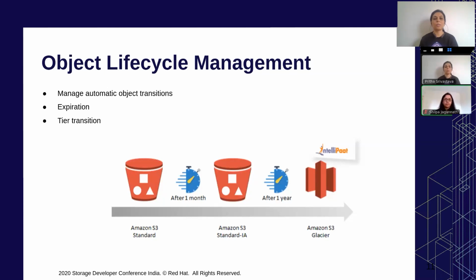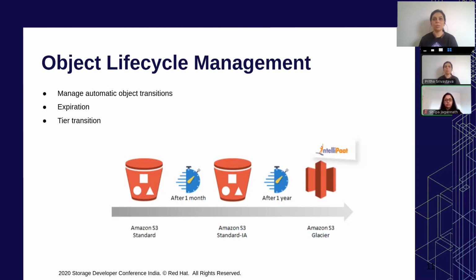It also helps in tier transition, in the sense that we can have a policy which defines that the object can be moved from hot storage media to cold storage media and then finally deleted after a certain amount of time. Object lifecycle management also helps in case of versioning.